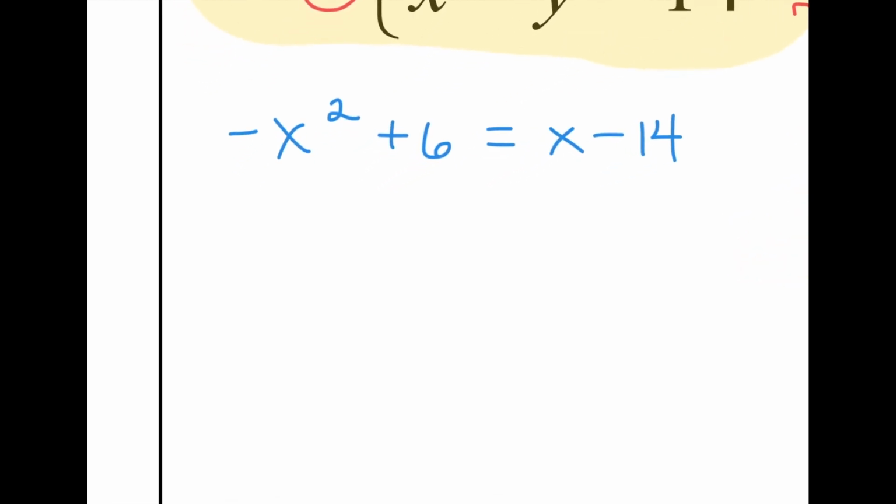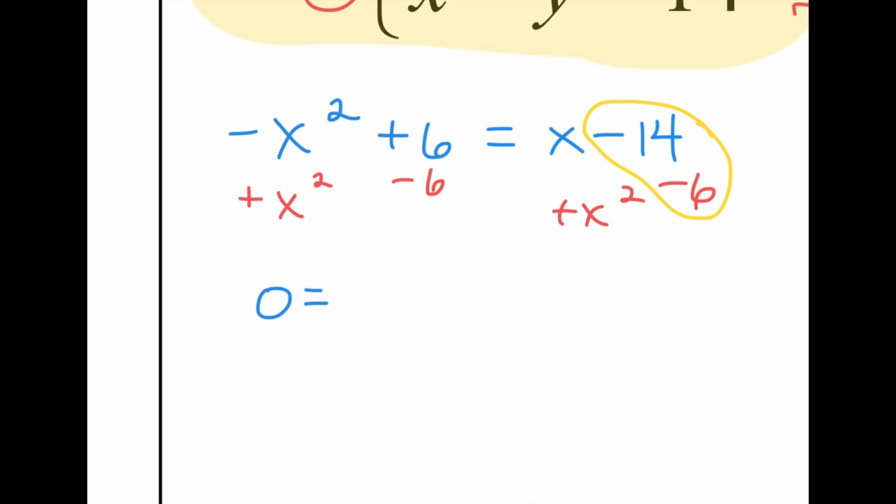And personally, again, to avoid the negative x squared, I'm going to add x squared to both sides and subtract 6 from both sides. And notice that the 6 is like terms with the 14, but x squared doesn't have any like terms. You end up with the 0 over here, and then positive x squared plus x minus 20.